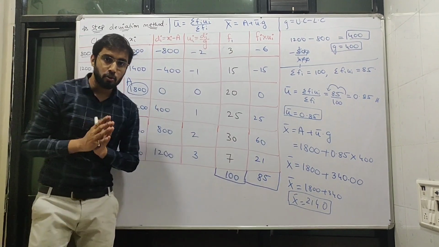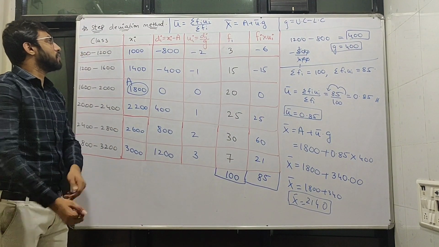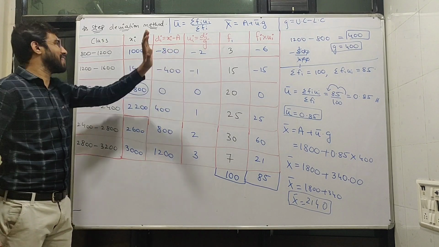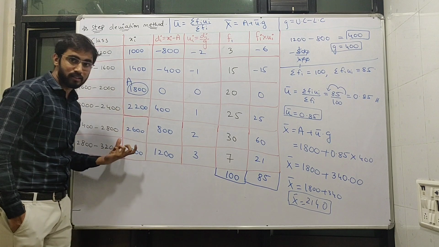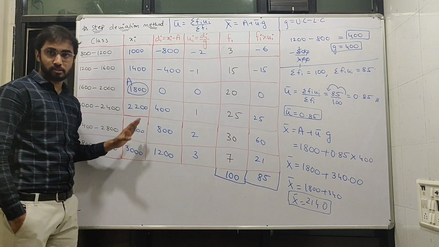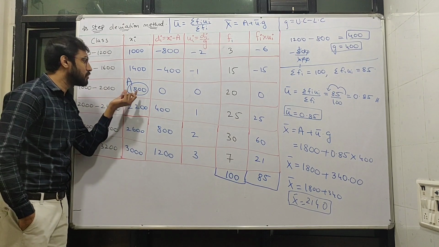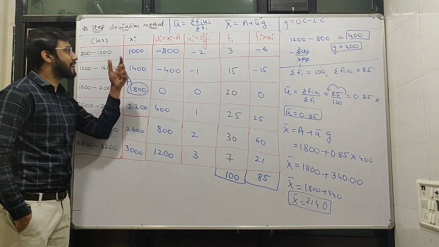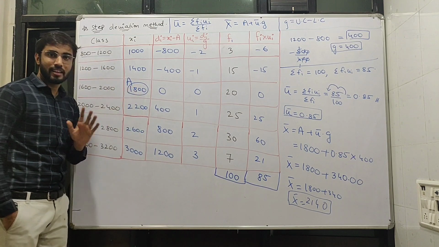Achha. So there are 2 or 3 doubts in all the minds of the students that the value for A, we can assume any given value. Here, whatever values we have, we can assume any one of them as A. It is not compulsory that if I have assumed this value, A has to be taken as this. I can assume this as A, I can assume this as A, or I can assume this as A as well.